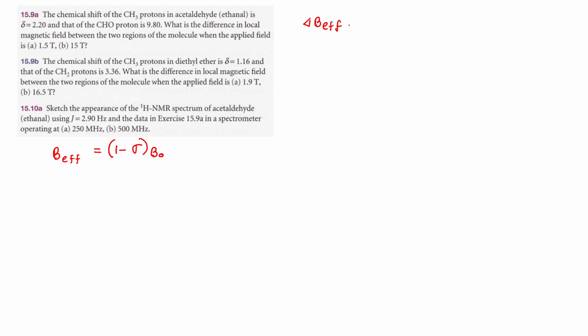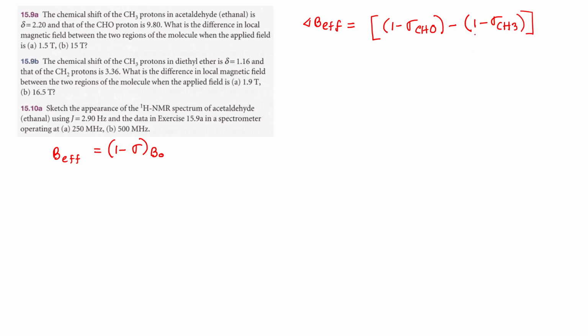So delta B effective for two different regions would be 1 minus the shielding constant of CHO minus 1 minus sigma of the CH3 protons, right?